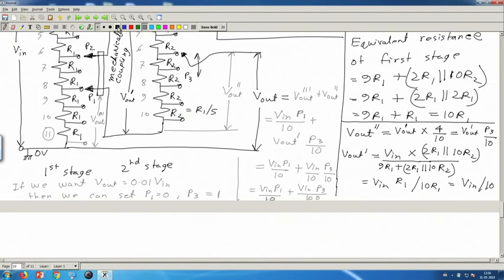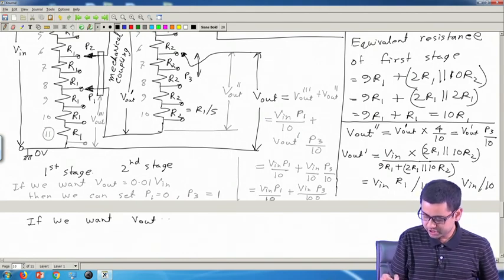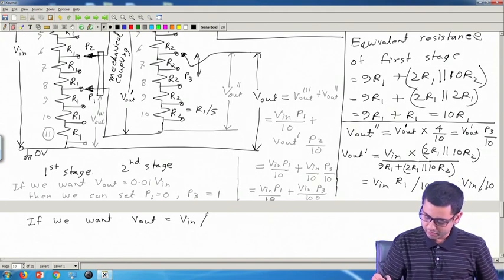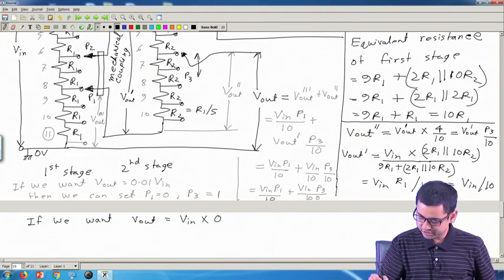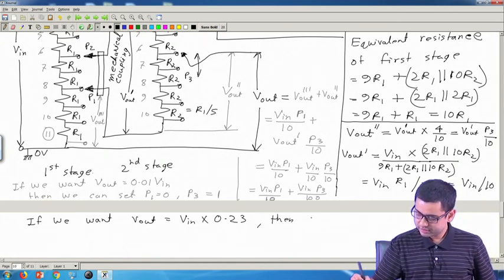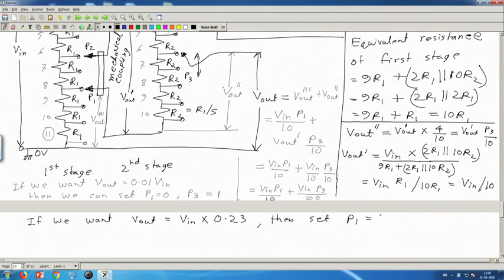so if we now want V out equals Vin multiplied by, say, 0.23, then set P1 equal to 2 and P3 equal to 3.